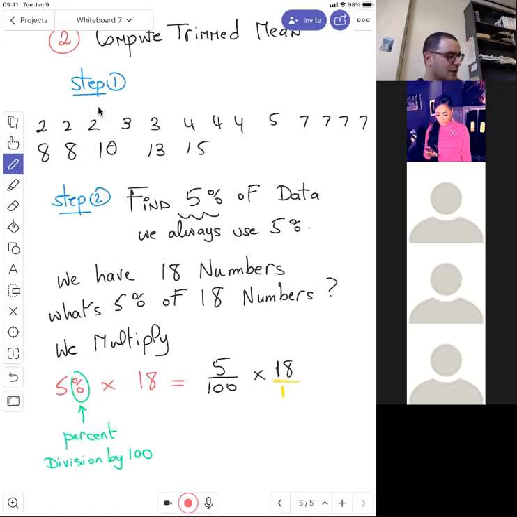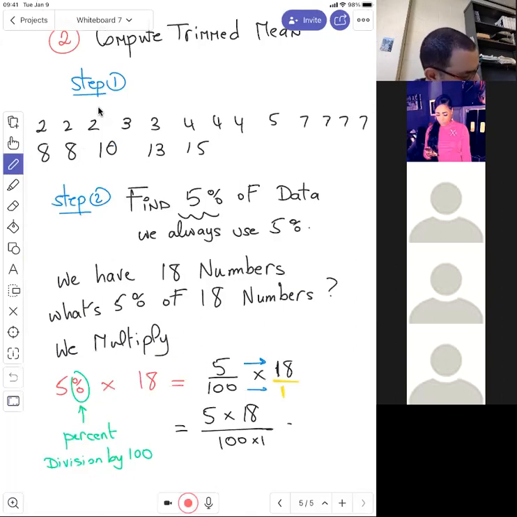So now, how do we multiply two fractions? We just multiply straight across, like 5 times 18 over 100 times 1. Of course, any number times 1 will be the same number.